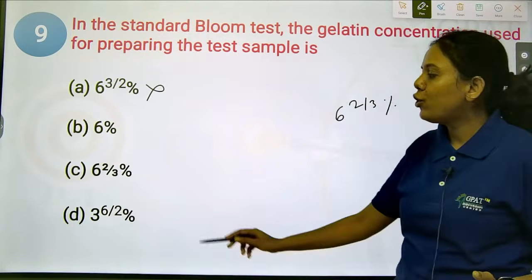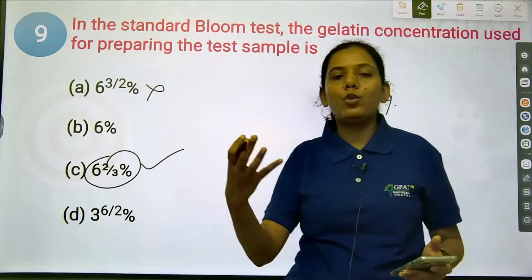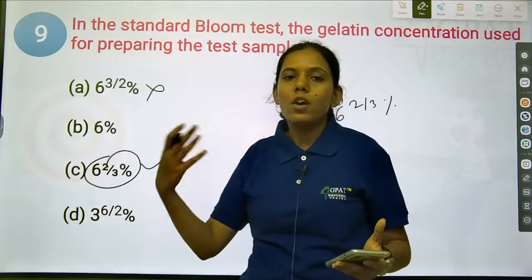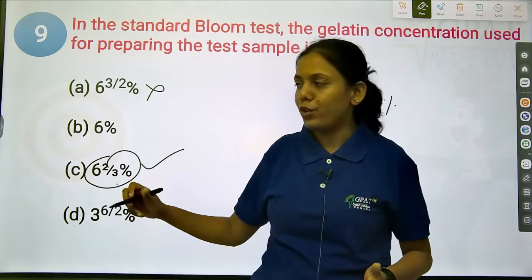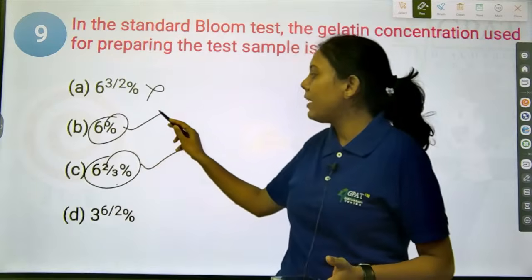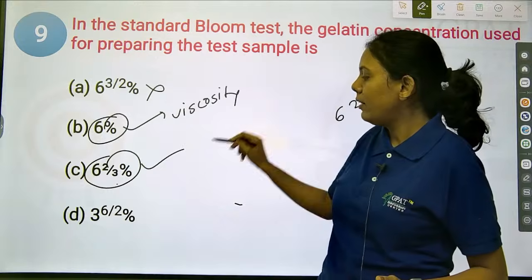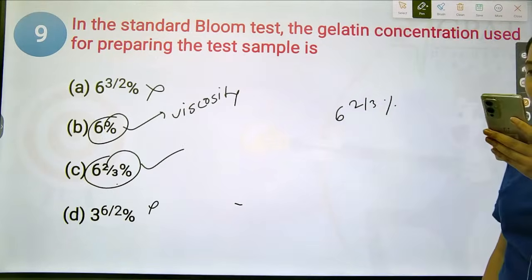C. Very good. It should be 6 2/3%. That means 6 2/3 grams you will take if you are taking 100 ml of the solution. So you will mix that, it will dissolve and then you will use the solution. Whereas 6% you will use for the viscosity. 3% anyways it is not there. Okay. So very good, option C is the right answer.